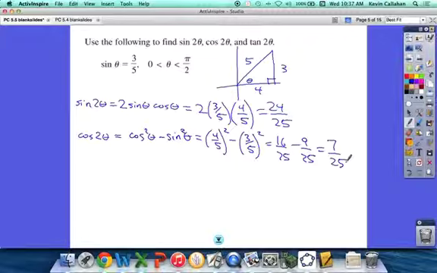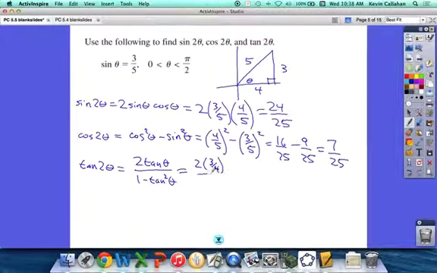If I plug in the formula, it'll look like this. Tan 2 theta equals 2 tan theta divided by 1 minus tan squared. The tangent of theta is 3/4, so that's 2 times 3/4 over 1 minus 3/4 squared.